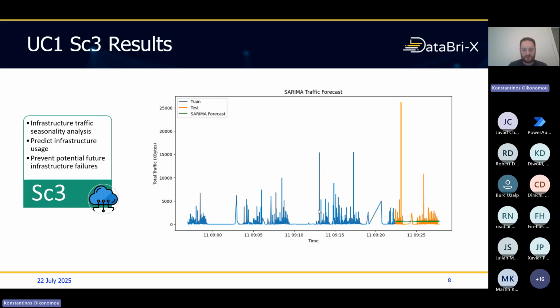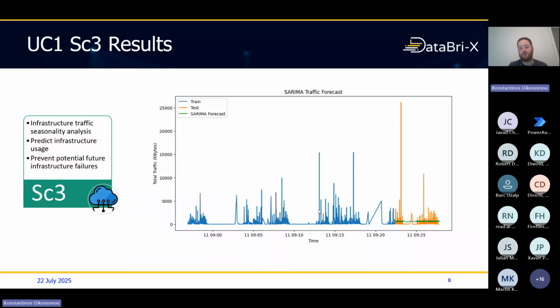You can see here on the right a graph that does exactly what I said. The blue part is the traffic seasonality that already happened, and the orange part is a prediction of the traffic that will happen in the upcoming time period.